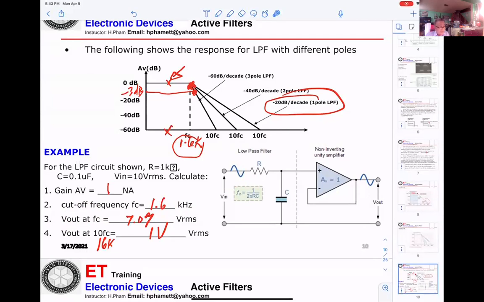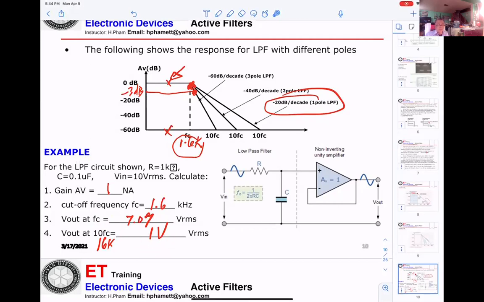And they're asking about the output at 10 times FC. At 10 times FC, the output will go down 20 dB. 20 dB is equivalent to 0.1, so you take 10 volt times 0.1 and you get 1 volt.